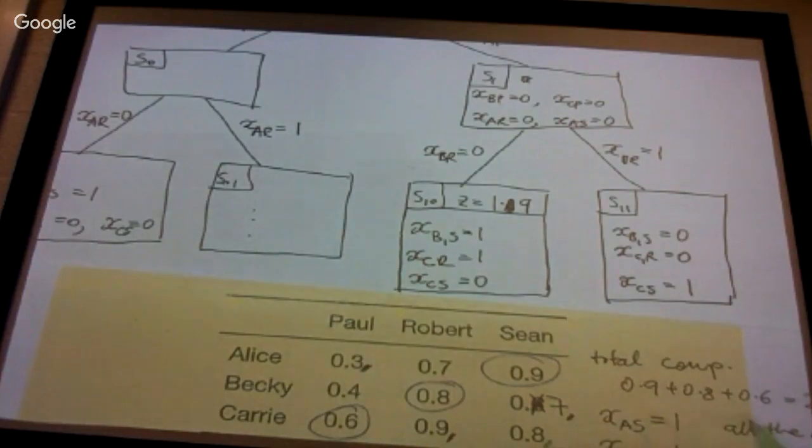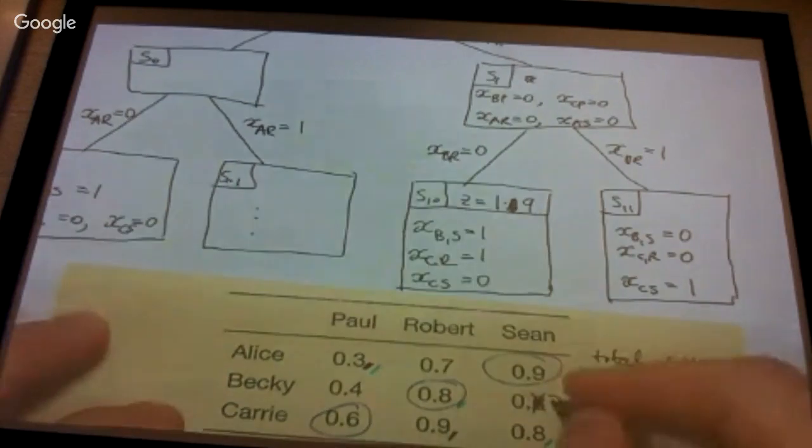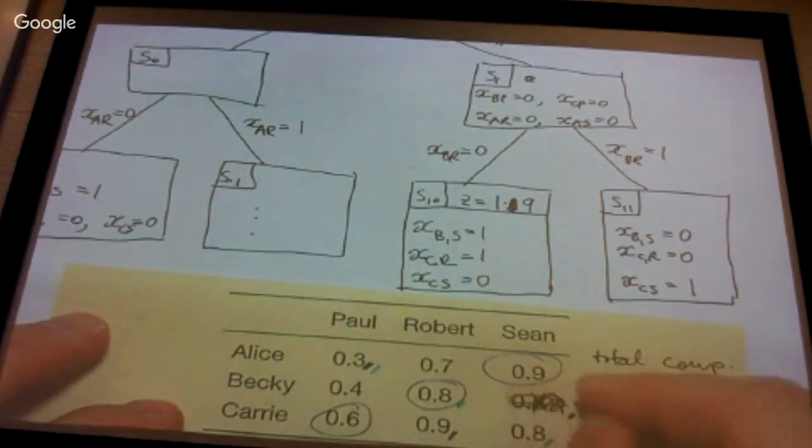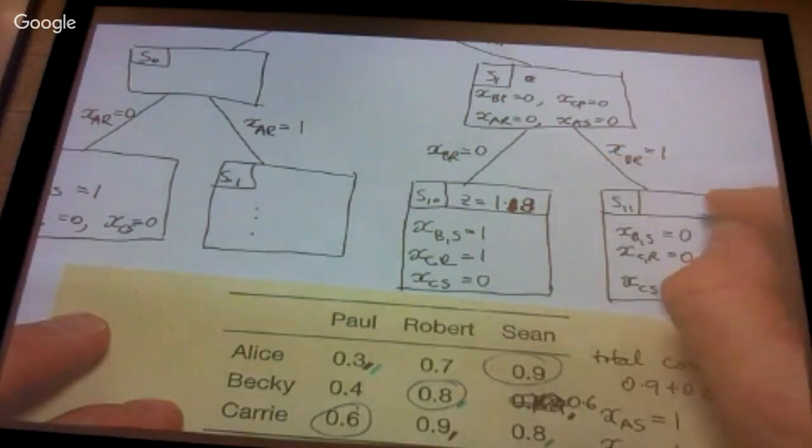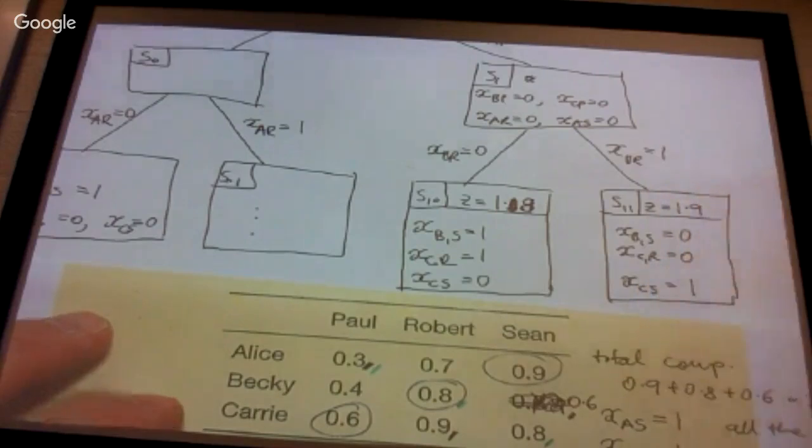XCS, so that's this one, and BR, that's this one, and AP. So that's also 1.9. Maybe I wanted to keep it 0.6, because that's consistent with it. Let's keep it 0.6 and then this is 1.9.